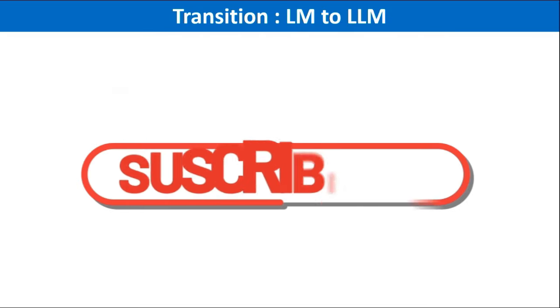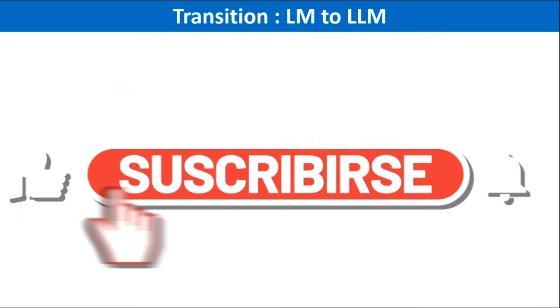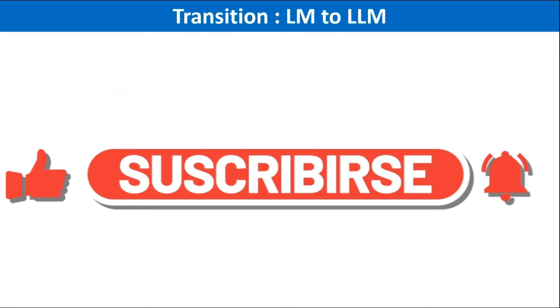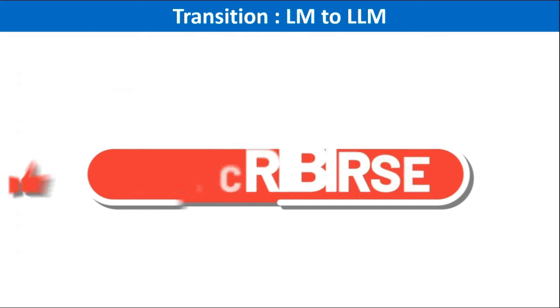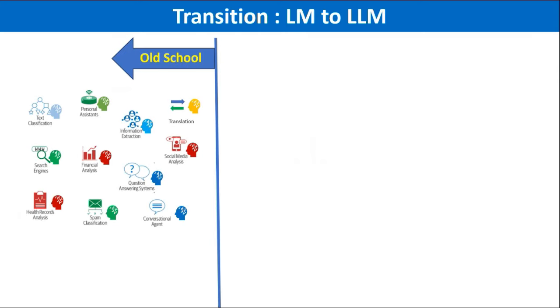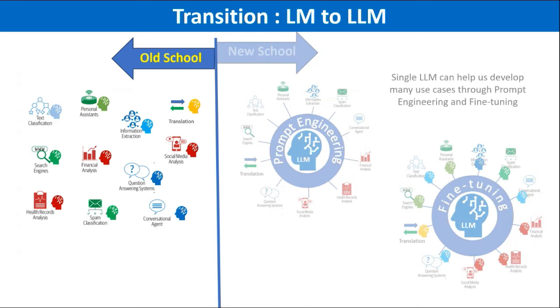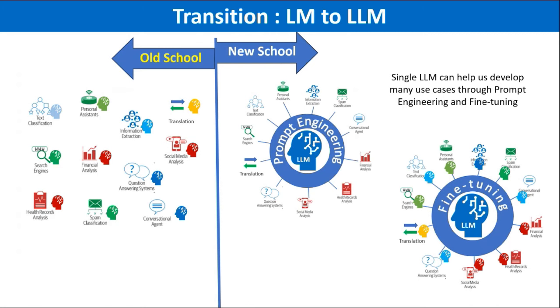The landscape of language modeling has undergone a transformative shift with the advent of large language models. The traditional approach depicted on the left side involved training separate language models for distinct tasks. In contrast, the new approach places the large language model at the core, harnessing its enhanced power and capabilities.